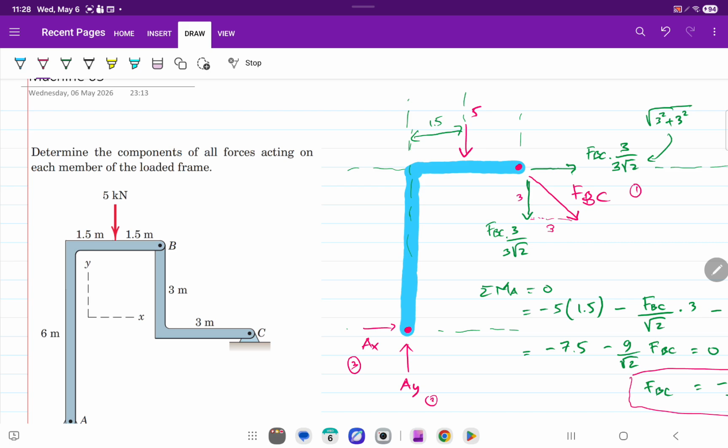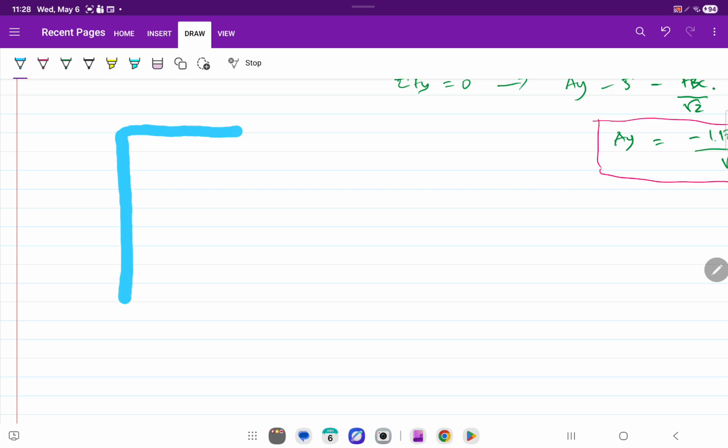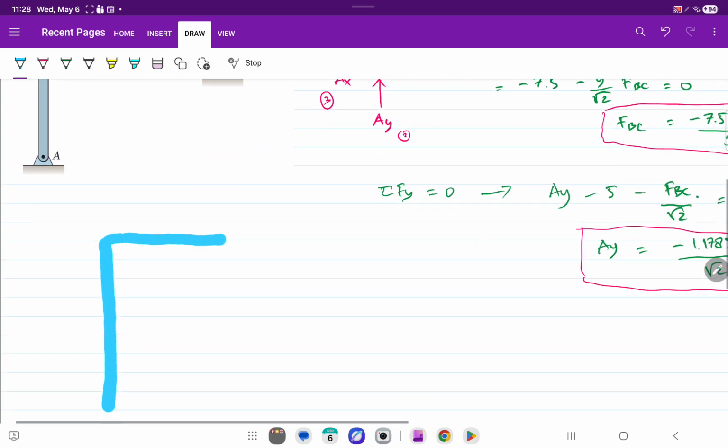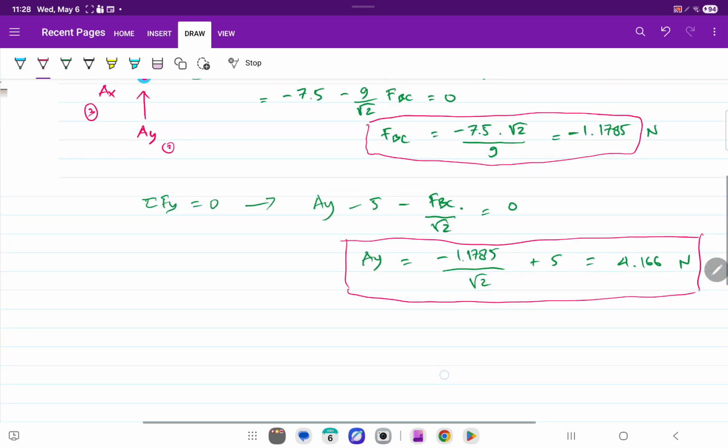Let's make it this point D, to make it easy. So let's redraw again the problem. Something like this. You have Ay.